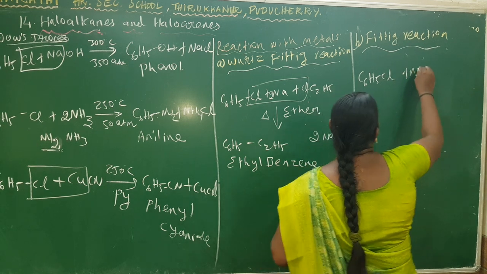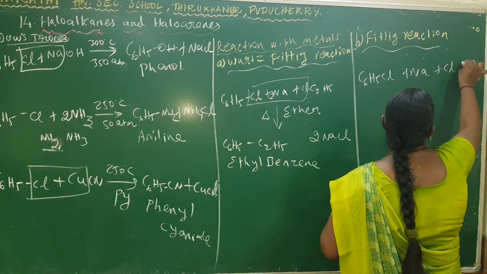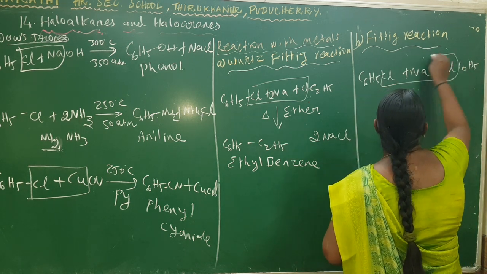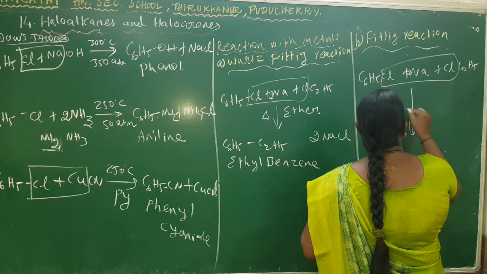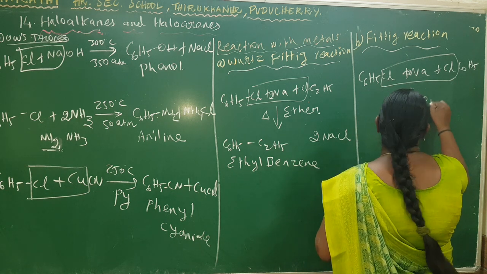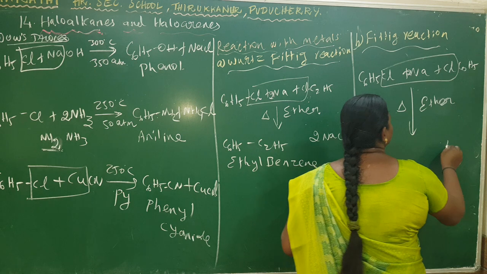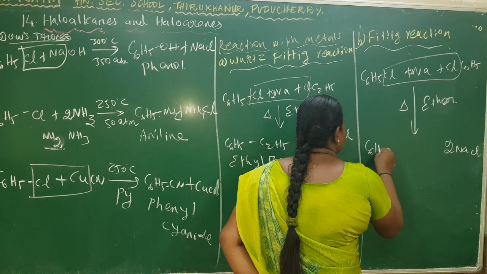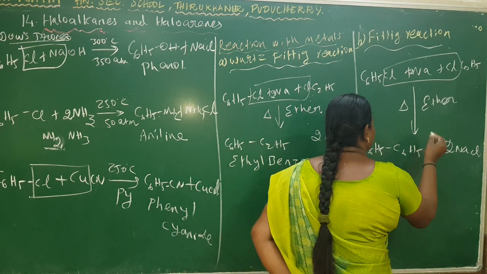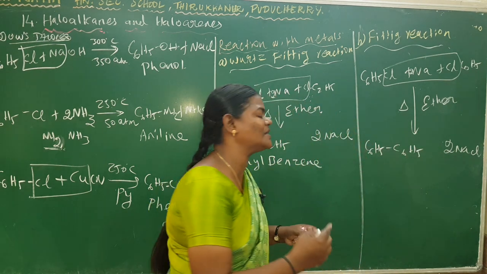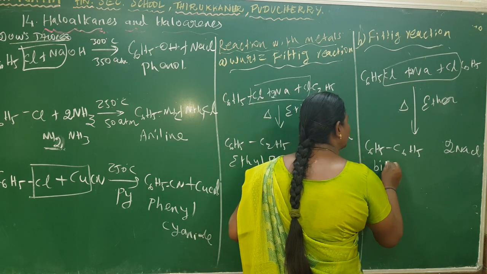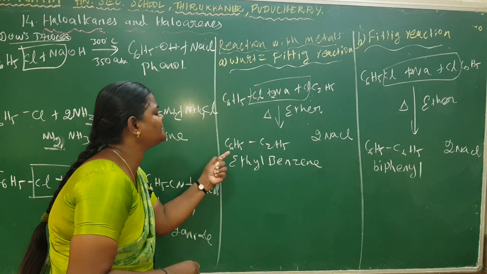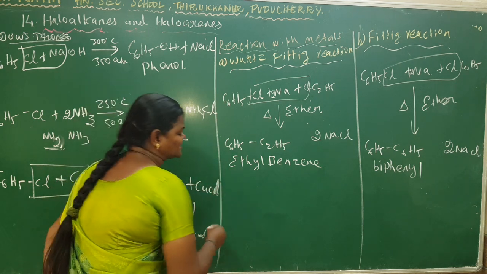C6H5Cl and similarly C6H5Cl, both with chlorine, so we take twice the amount of sodium. The reaction is in the presence of ether medium, with removal of 2 NaCl. The product is two phenyl groups joined, C6H5-C6H5, called biphenyl. How can you write that in structural formula?